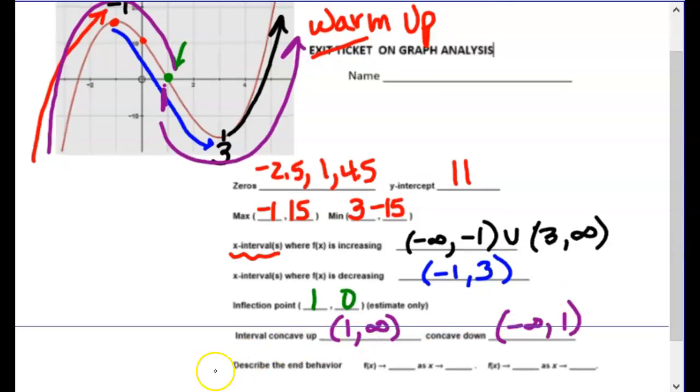And end behaviors. Aiden, is that right? Okay, I have like 2 Aidens and 2 Adrians and I get so confused. Aiden, tell me what you have there. Okay, so you did the positives first.